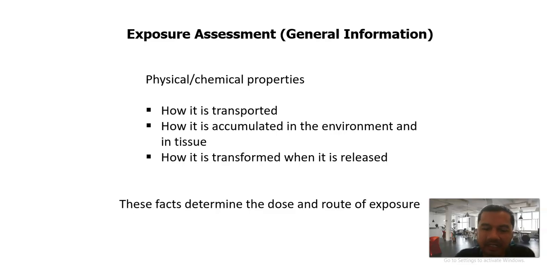Some chemicals may undergo transformations into metabolites that are more harmful than the original contaminants. So these facts determine the dose and the routes of exposure.